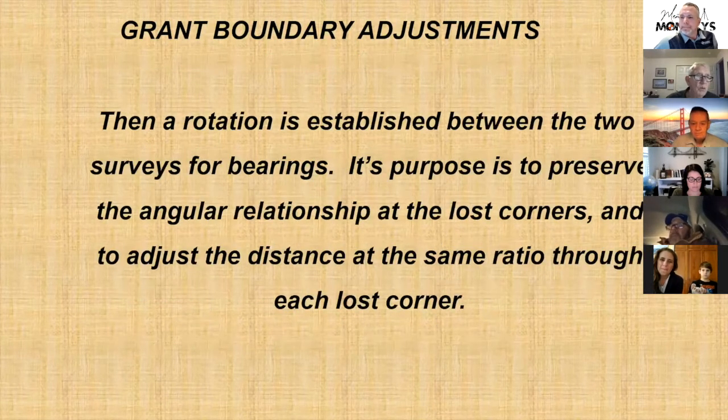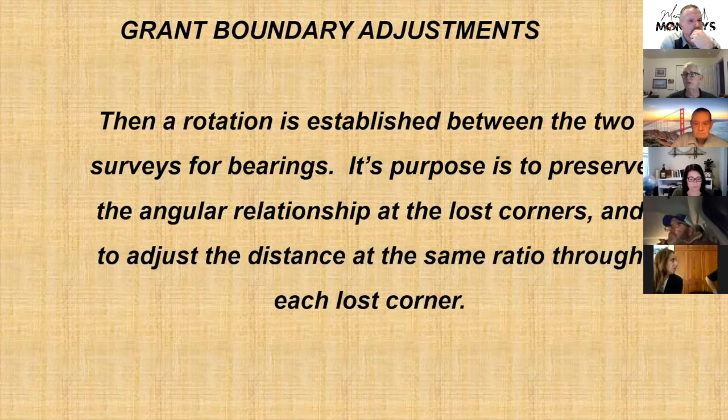Once we get this ratio that I was just talking about, then a rotation is established between 2 surveys for the bearings. I have pictures of this, so we'll take a look in a minute, but I just want to get the basic concept out. The purpose is to preserve the angular relationship at the lost corners and adjust the distances the same ratio throughout the corners.